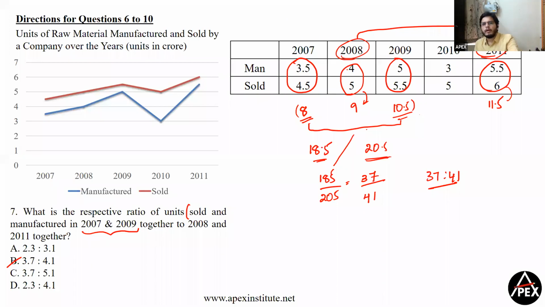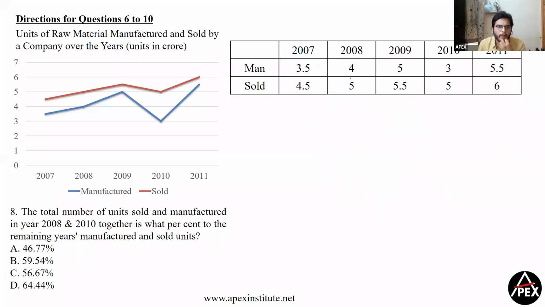Yeah. Now coming to this question. The total number of units sold and manufactured in the years 2008 and 2010. So in 2008 it is 9 and in 2010 it is 8. So together 17. I will be replacing this sentence with 17 is what percent of the remaining 3 years manufactured and sold. In remaining years, in 2007, we have 8 crore units manufactured and sold.